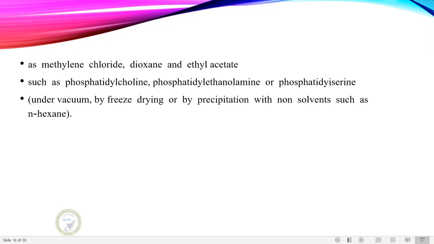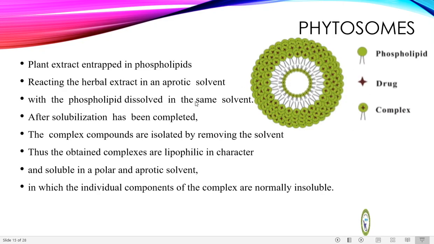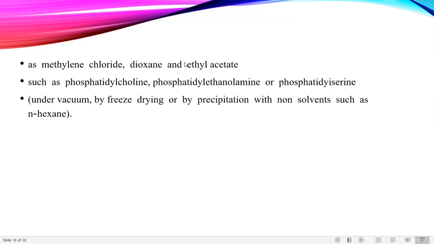Applications. Okay, first the method of preparation. Before applications, we will discuss the method of preparation a little. The extract is dissolved in an organic solvent like methylene chloride, dioxane or ethyl acetate, and in the same solvent the phospholipid, because the extract must react with the phospholipid. So extracts are entrapped in a phospholipid such as phosphatidylcholine, phosphatidylethanolamine, or phosphatidylserine.